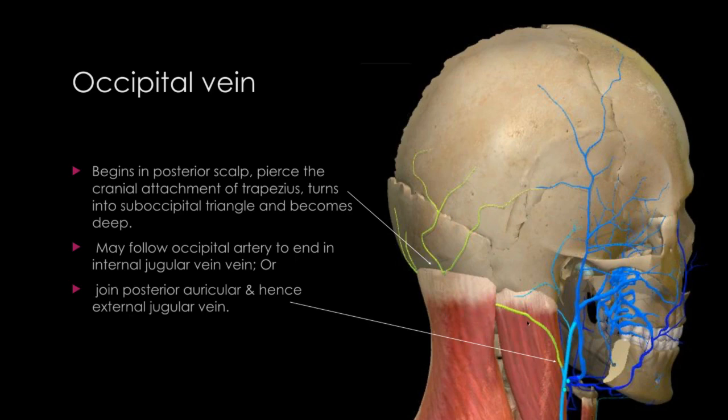The vein follows the occipital artery. It can directly end in the internal jugular vein, which is not there in this picture. This is the region of the internal jugular vein. It can go directly into the internal jugular vein when it follows the artery, or it will drain into the external jugular vein.